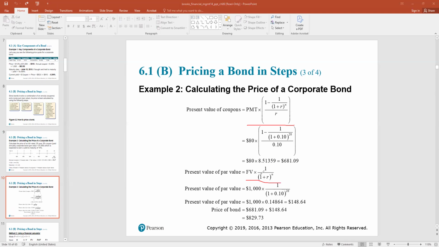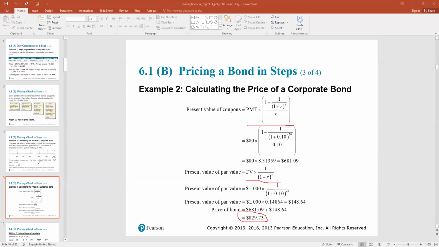One is just a simple present value. This annuity is used to estimate the coupon payments, because as you can see, the coupon payments are the same, $80 for 20 years. And here we have the future value of $1,000, which we calculate as a simple present value. Then you add the two things up, and you get the bond price, the bond value.